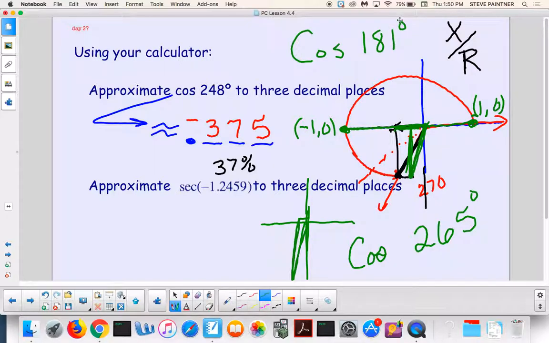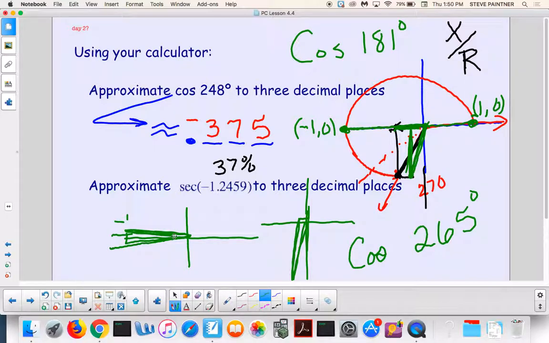Yeah, because if I actually drew the 181, it would be like there, right? And if this is -1, your x value right here is almost -1. All I care about is you kind of know what the calculator's doing. Okay? Do the next one.